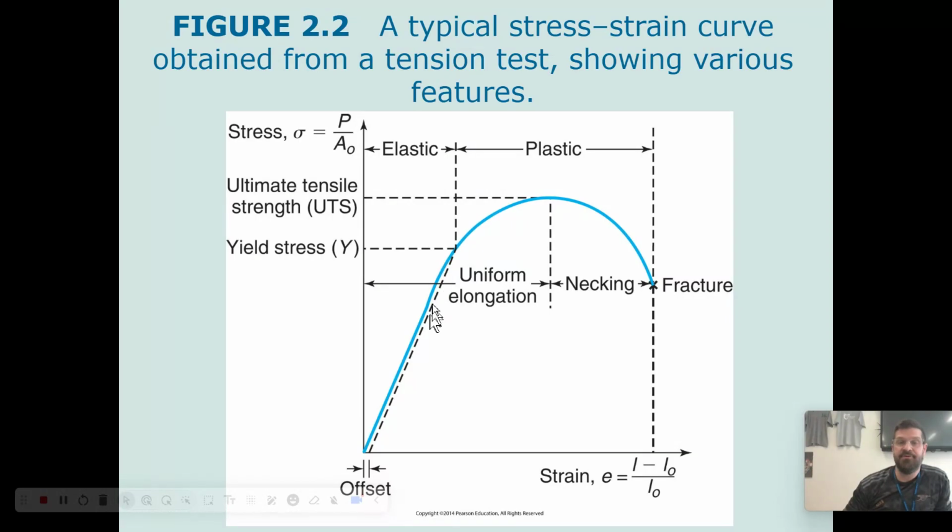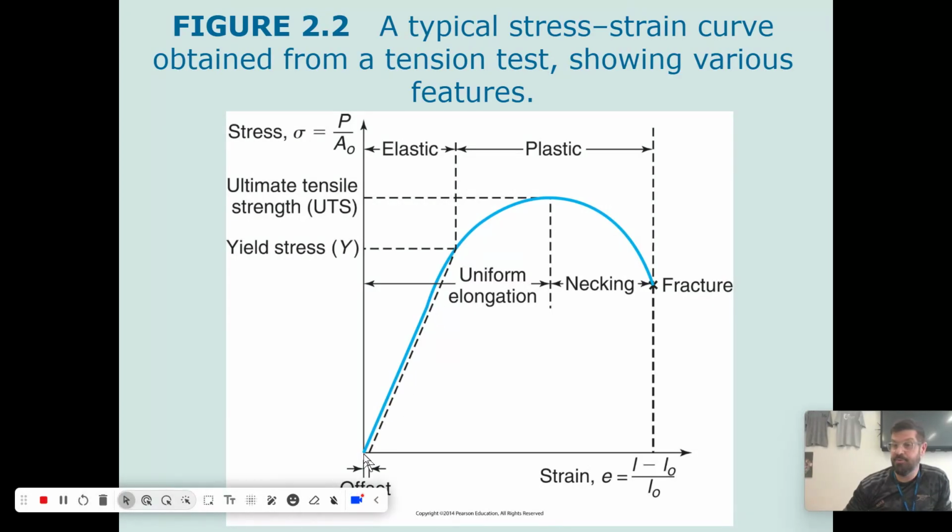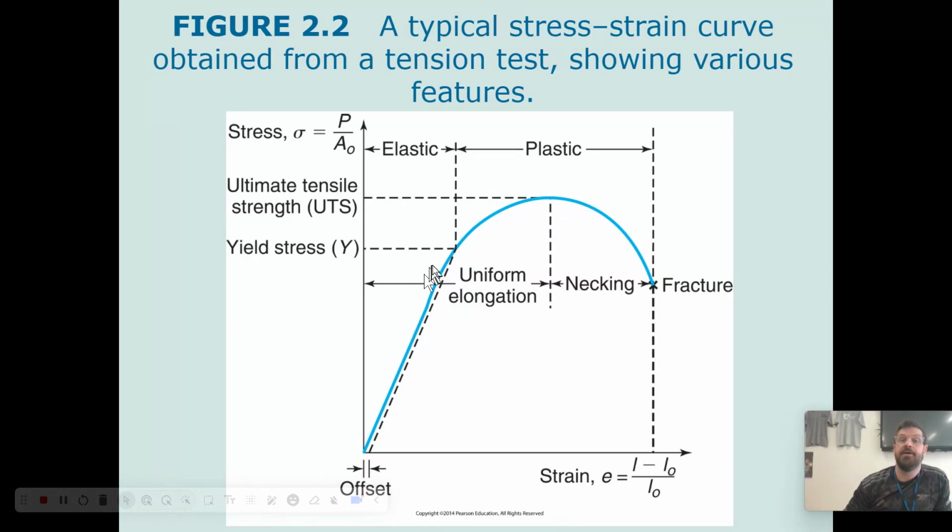And if at any point during this stress test I only pull up to this amount of stress right here, and then I let go, the material itself will bounce right back to its original length. It will absolutely come back to its original length. But there is a point where if I continue to increase it, you'll also notice that the line here is linear. It is not curved at all.